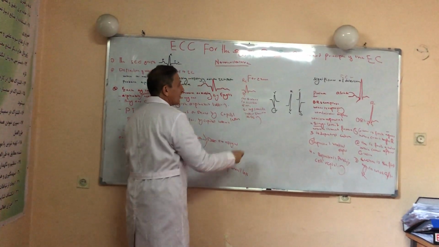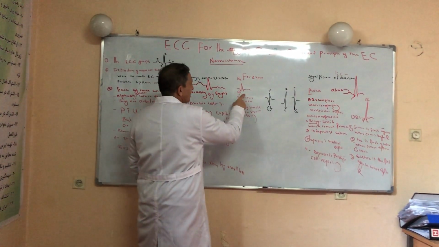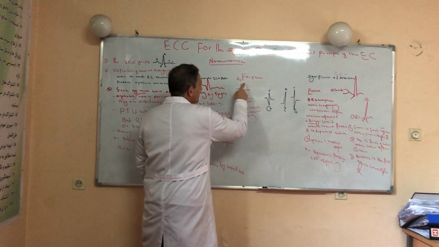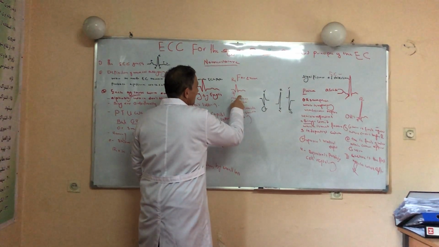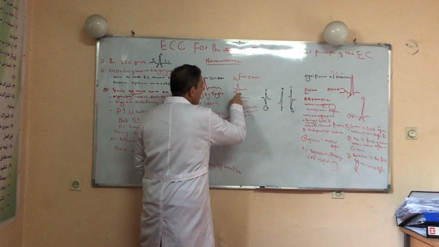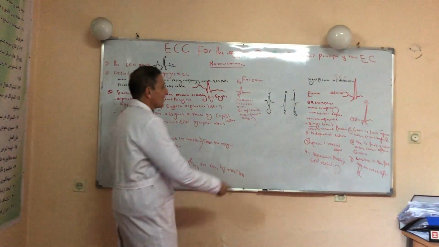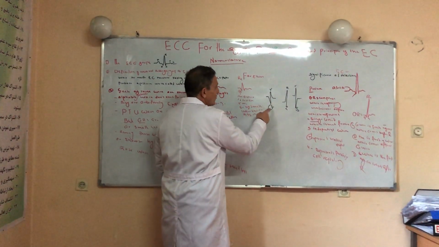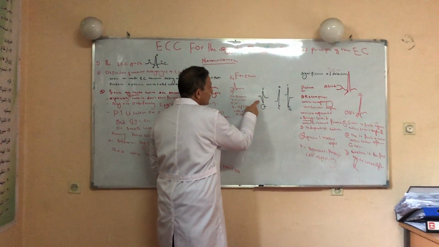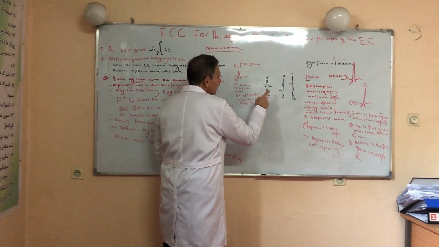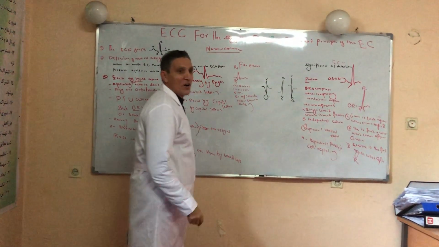This is shown by a capital R. The S wave is also smaller than the R wave, so the S wave is shown by a small letter and the R wave by a capital letter. In this complex, the Q wave is larger, more than 5 mm, and the R wave is smaller. So this large wave should be assigned as a Q wave, and this small wave should be represented by a small r wave.